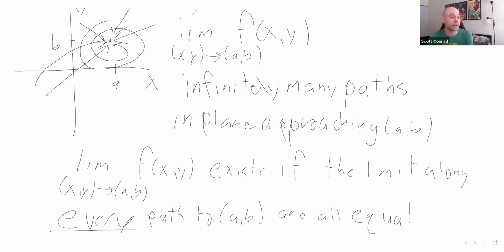So in theory, this is not looking great for establishing that limits exist, because so far it looks like we need to check along every single path, which is, I mean, none of us have infinite time to check along every single path. But the kicker here is, this is the important bit.